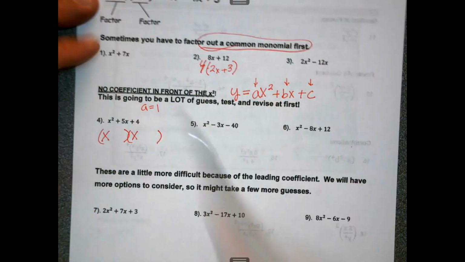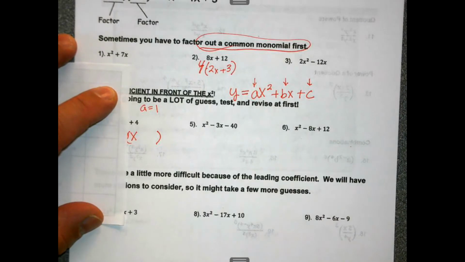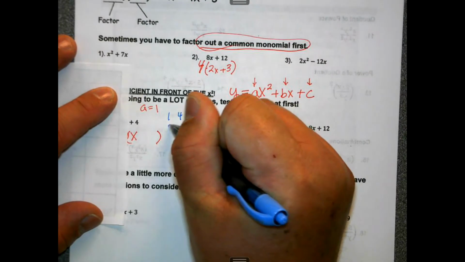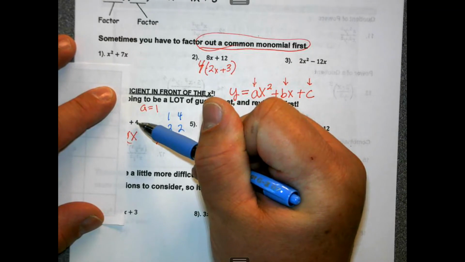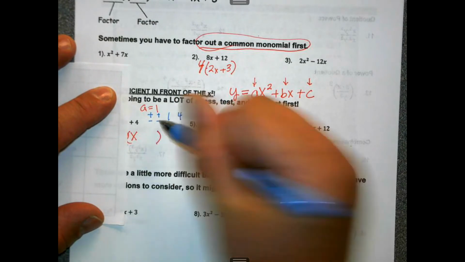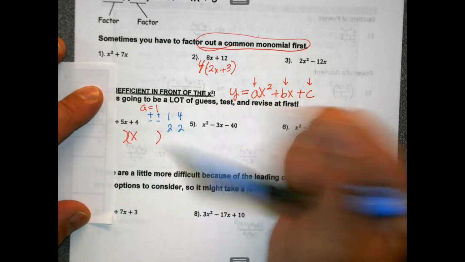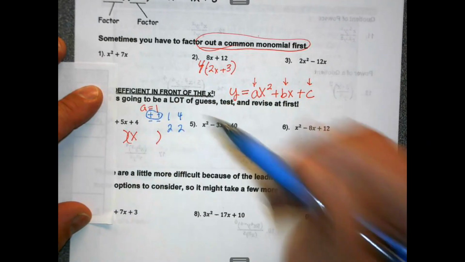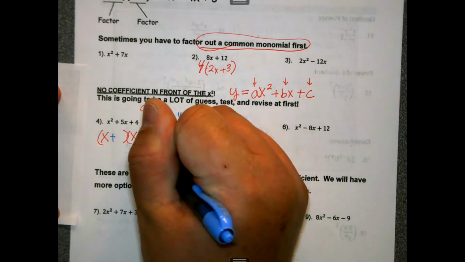Then we took a look at the C, and we would come up with factors for C, like 1 times 4, 2 times 2. It had to be multiplied to get a positive number, so it either had to be positive times a positive or negative times a negative. To determine that, we looked at the sign for the B, which is positive, so they had to add up to a positive.